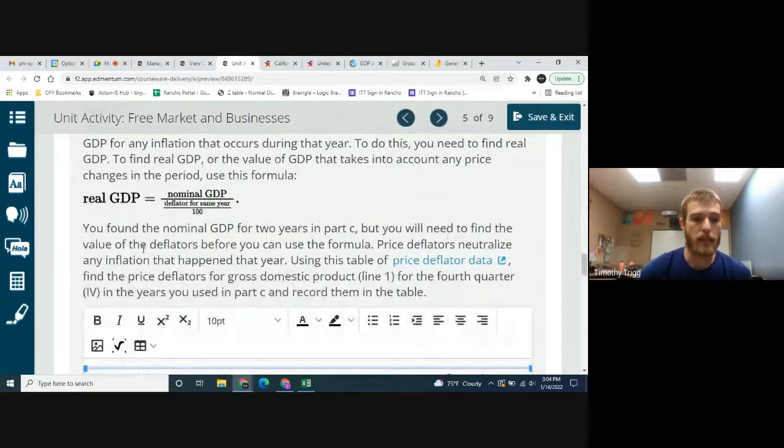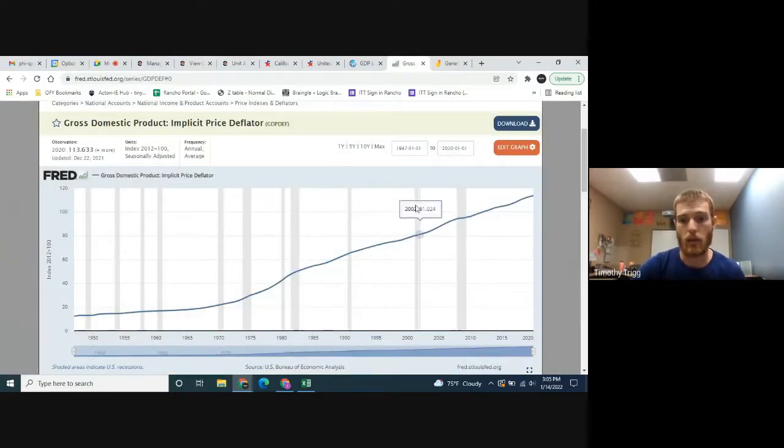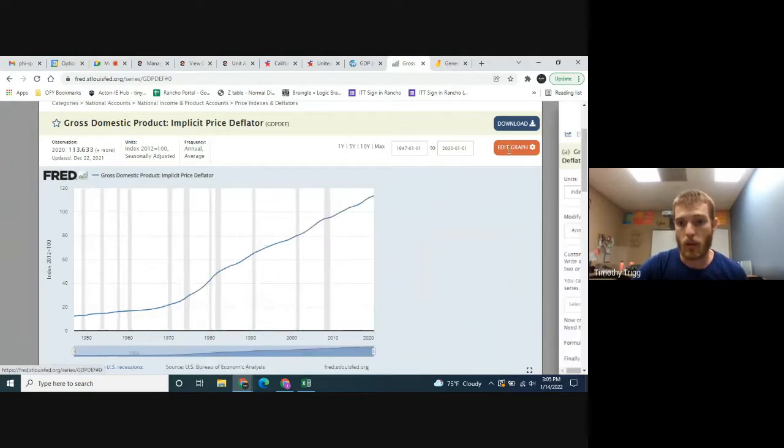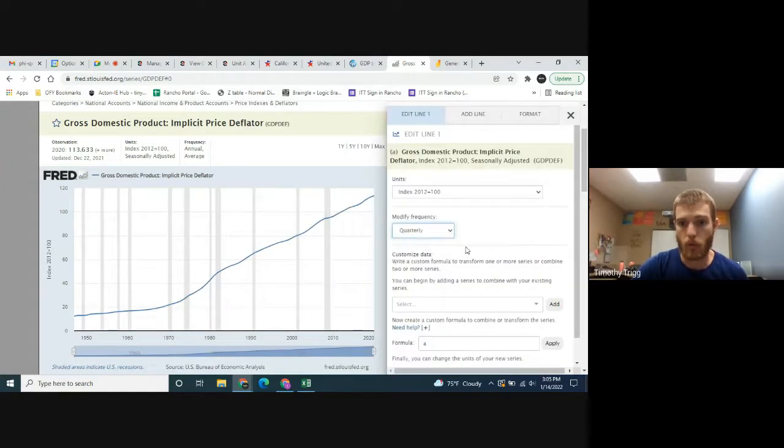But you will need to find the value of the deflators before you can use the formula. The price deflators neutralize any inflation that happened that year. Using this table for price deflator data, find the price deflators for gross domestic product for the fourth quarter in the years you used in part C and record them. So we want to go to this link now, the price deflator data, and that'll take you to this right here. You want to make sure we want quarterly.